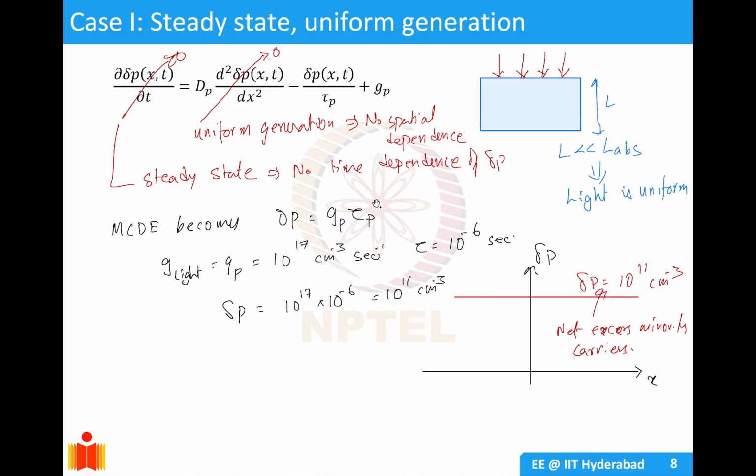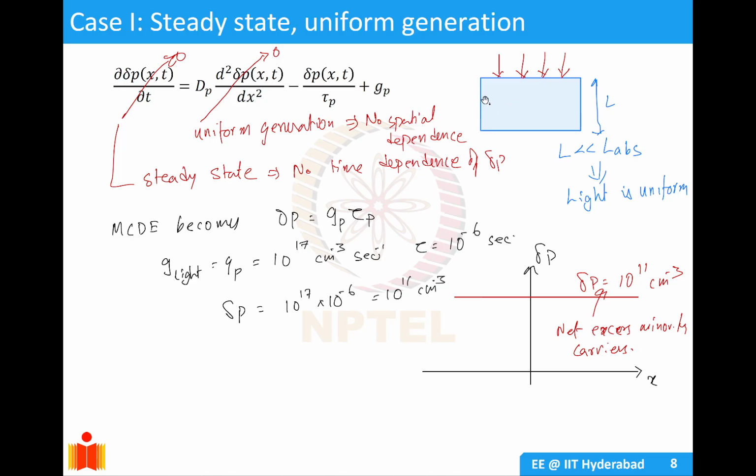So let's take the first case, which is steady state uniform generation. Since it's uniform generation, there won't be any spatial difference in your carrier concentrations. Everywhere the generation of carriers will be the same.